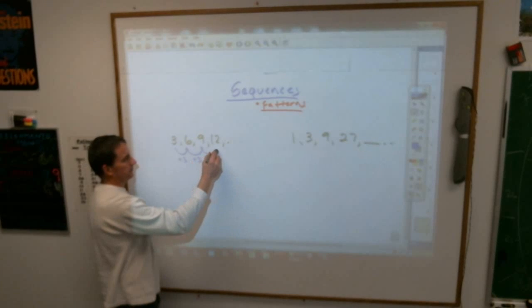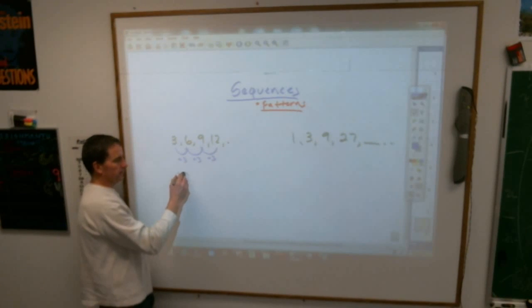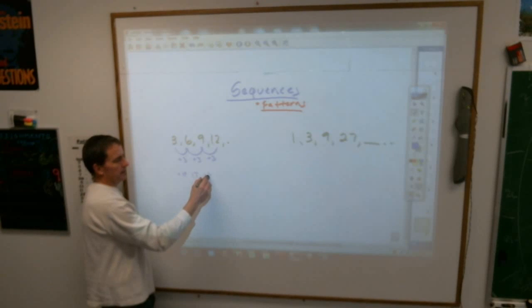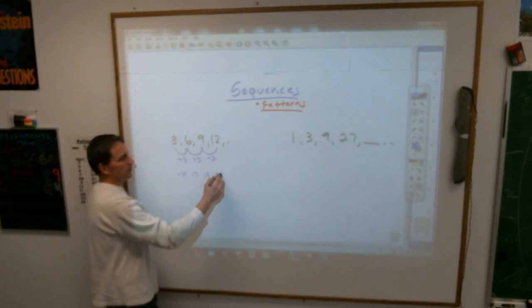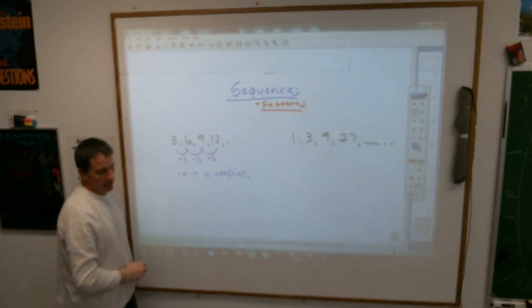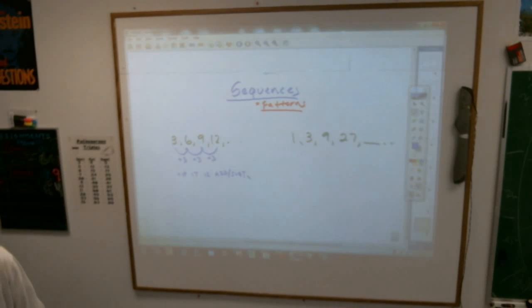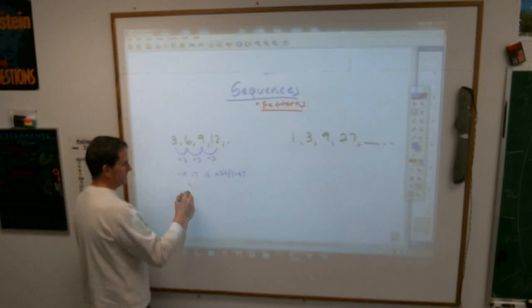You're adding 3. Between terms, if it is adding or subtracting, write this down because you're going to want to keep track of this, it is called an arithmetic sequence.